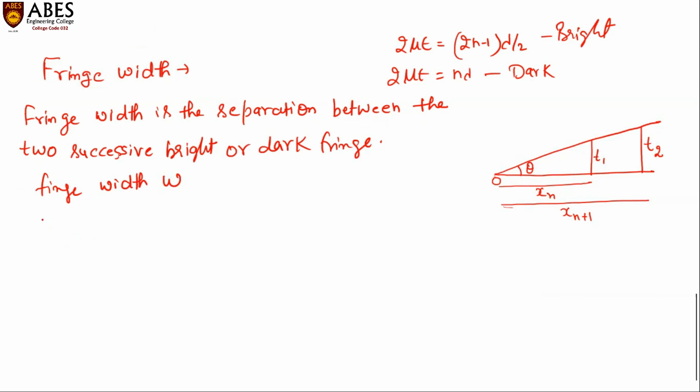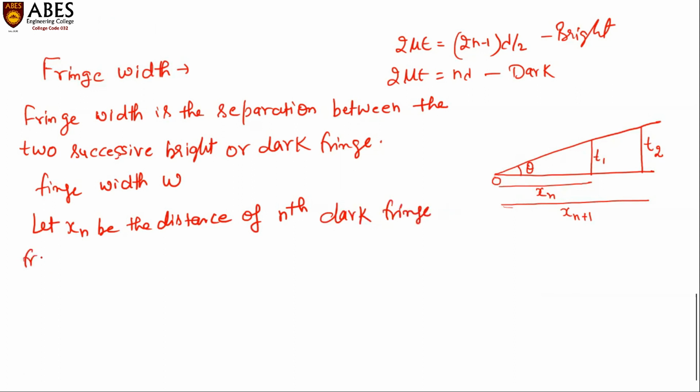In that case, let us consider xn to be the distance of the nth dark fringe from the edge O of the film.